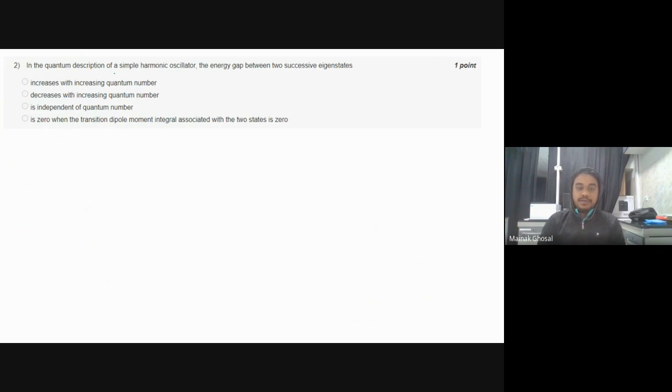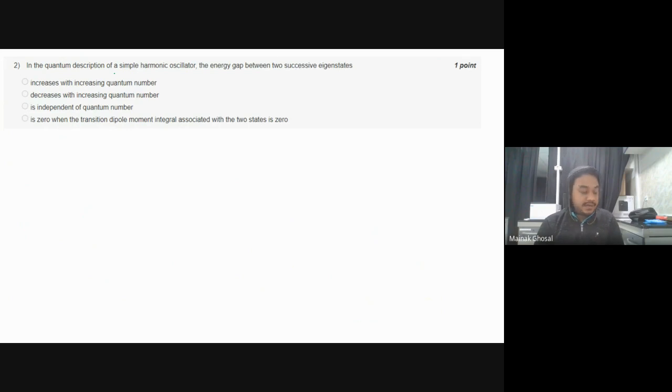The options are: it will increase with increasing quantum number, it will decrease with increasing quantum number, it is independent of quantum number, and it is zero when the transition dipole moment integral associated with the two states is 0.